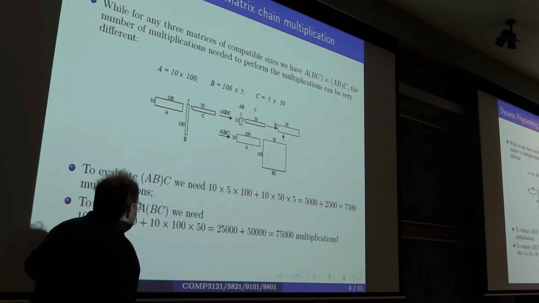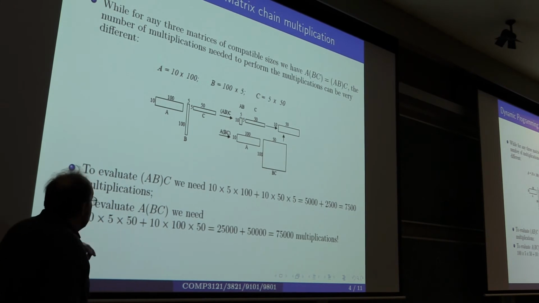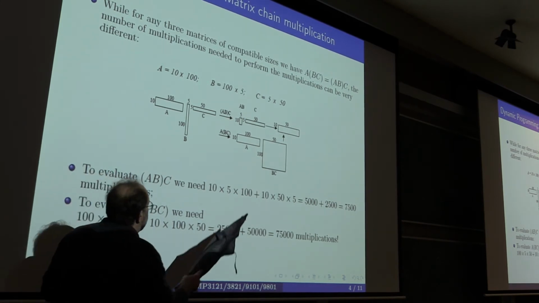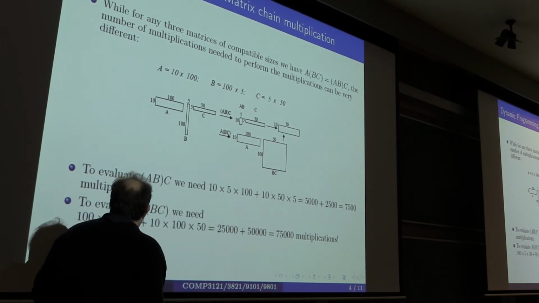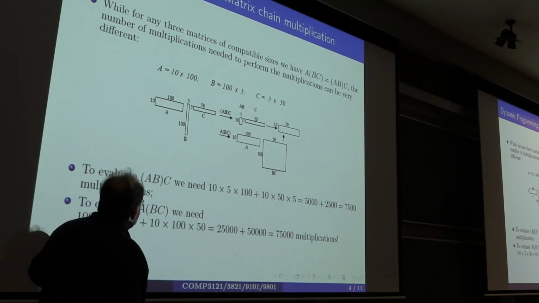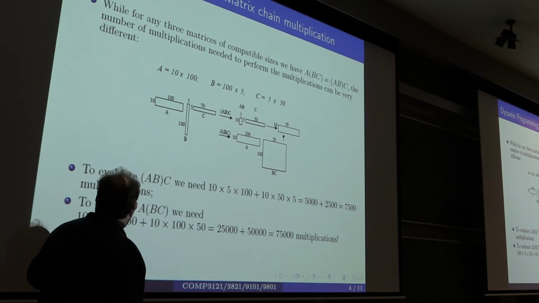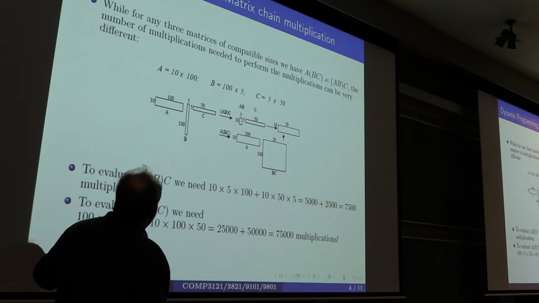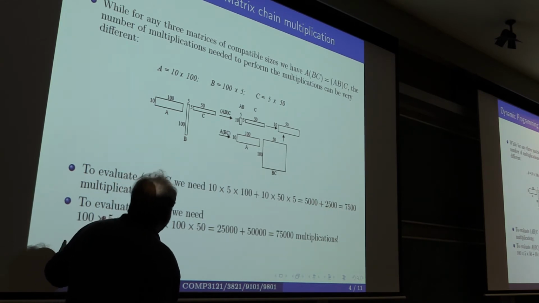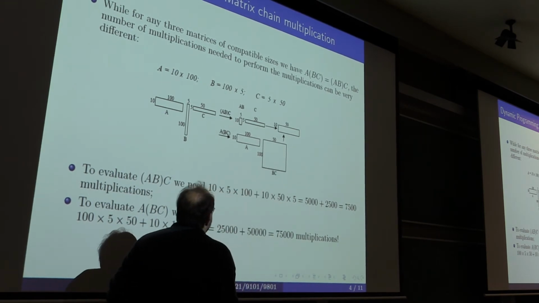Now let's see how many multiplications we have to do if we first compute B times C. Well, if you compute B times C first, then here you have 10 times, sorry, I'm just looking, this is where the multiplication took place.